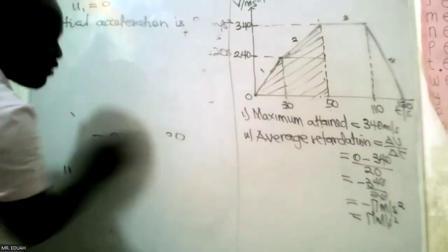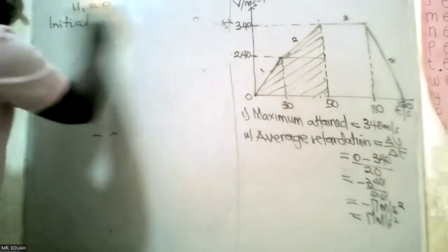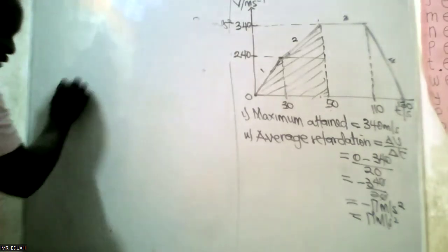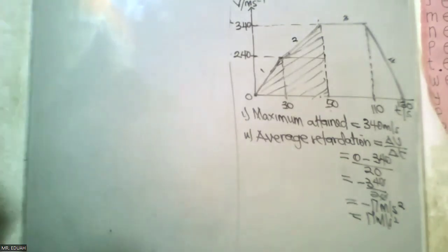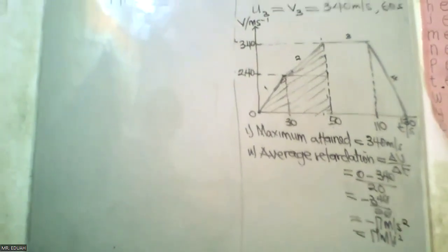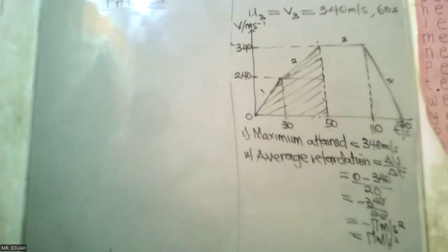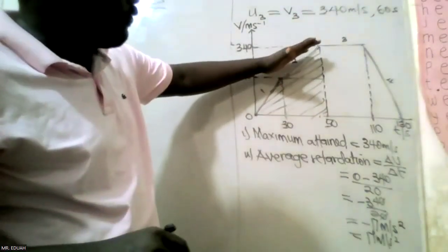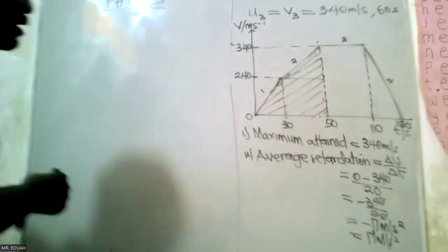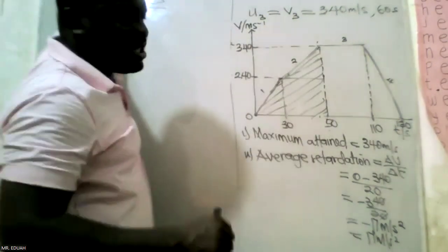For a velocity time graph, the area under the graph is equal to the total distance traveled. So to find the total distance, I just need the area under the graph between the time axes. So I have two different shapes.